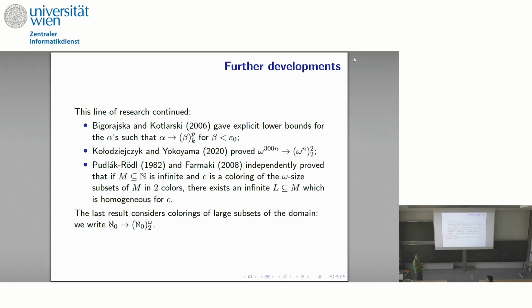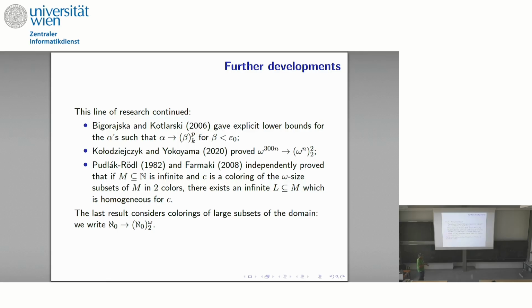So omega size again means omega-large subsets. Here they are saying, okay, I take an infinite subset, and instead of coloring triples or quadruples or whatever, I color omega-large sets, which might be of 2 elements if the first element is 1, but of size 101 if the first element is 100, right? And then I color this, and you can always find an infinite set.